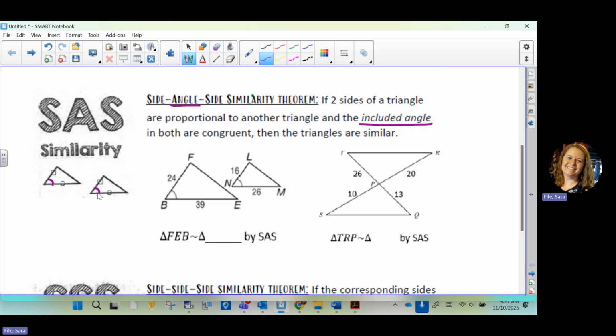Now this image in the middle, these are drawn in the same orientation, so it's easy to see what corresponds. So we can see that angle B is marked congruent to angle N. And then it's not congruent sides, it's congruent angles. What's the side relationship in similar figures?